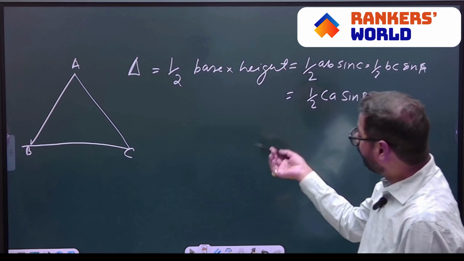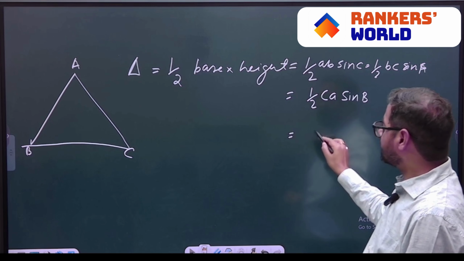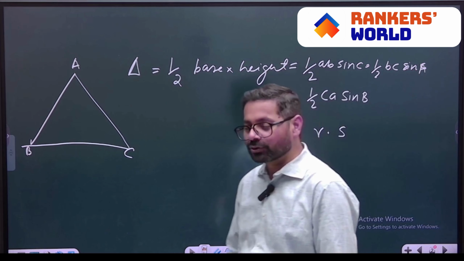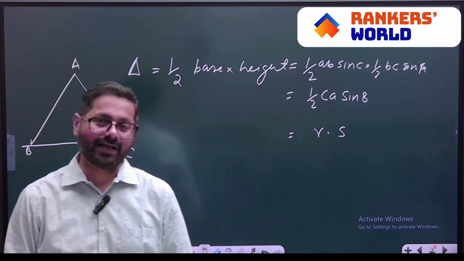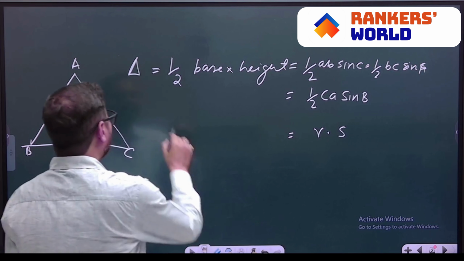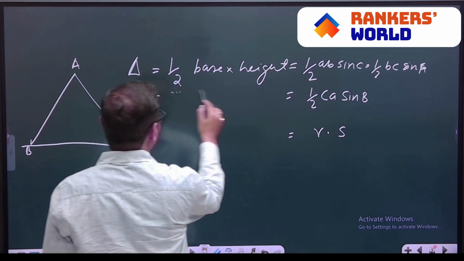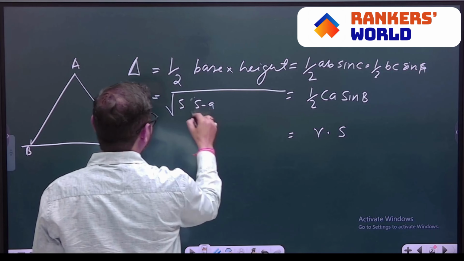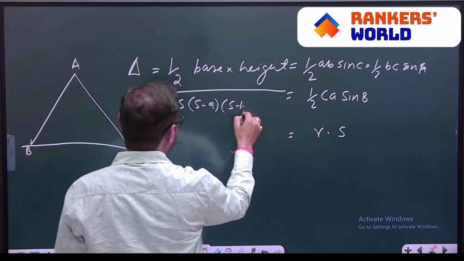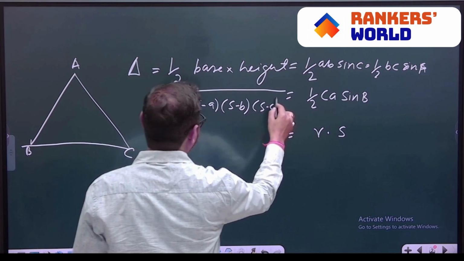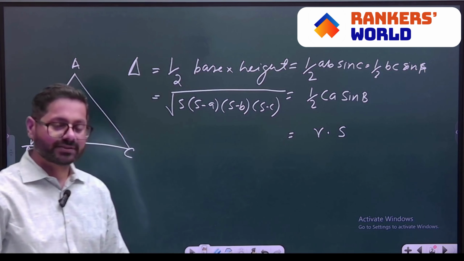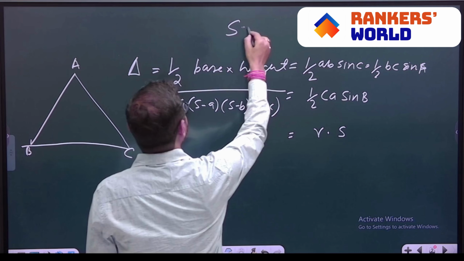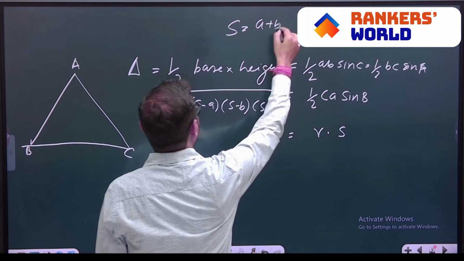There are some more. One is small r into S. This is also an area formula for a triangle. And I believe we must have known this as a formula. This is called Heron's formula. This is also another form of area concept where S is the semi-perimeter.